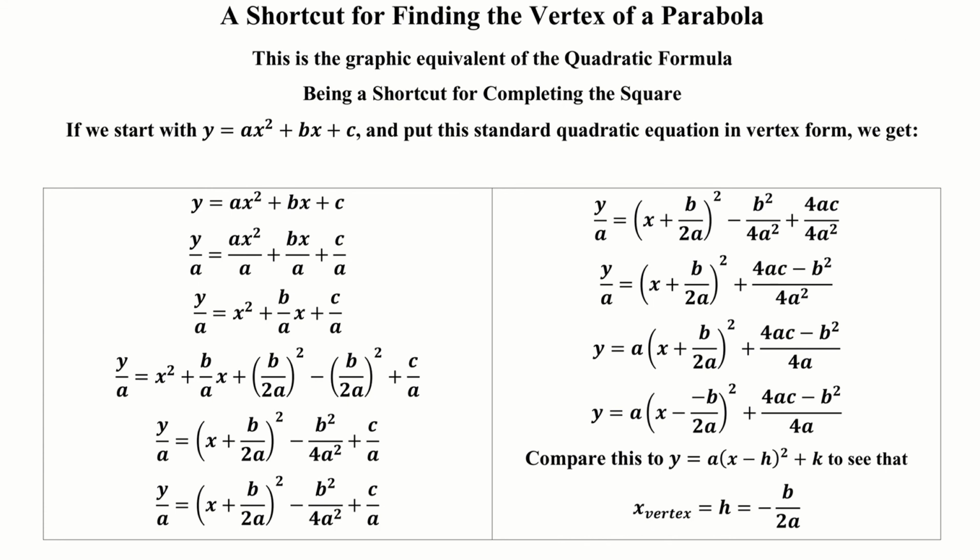If I do that, watch what happens. We have times a here, and then times a here. But notice this a and this a squared will just leave you a. So that's why this expression became this.